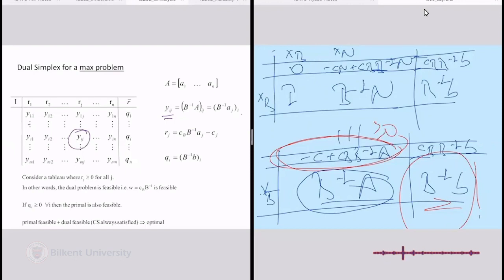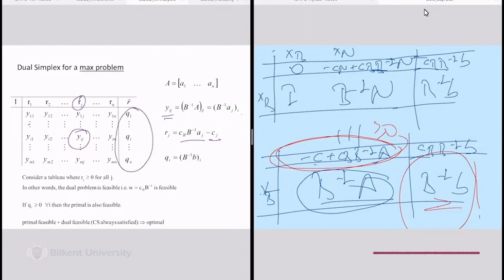I will use it in the ratio test again. What else do I have? Row 0 coefficient, minus C plus CB B inverse A. Every X has a row 0 coefficient, so it has a jth entry, and that jth entry we're going to name RJ.